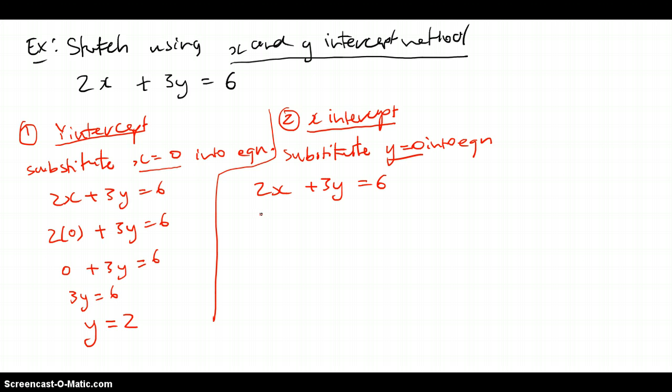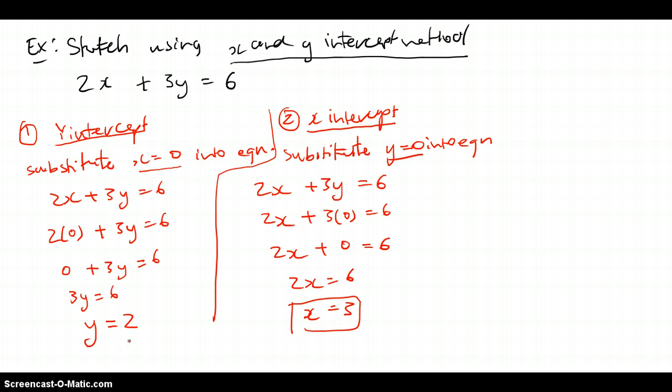We substitute y equals 0 into there, so that becomes 2x plus 3 times 0 is equal to 6. And 3 times 0 is 0, so 2x plus 0 is equal to 6. In this case, we can just ignore that 0, so 2x is equal to 6. So 2 times something equals 6. What is that something going to be? Well, x in this case will be 3, because when we divide 6 by 2, we get 3. So we've got our 2 points: x is 3, y is 2.